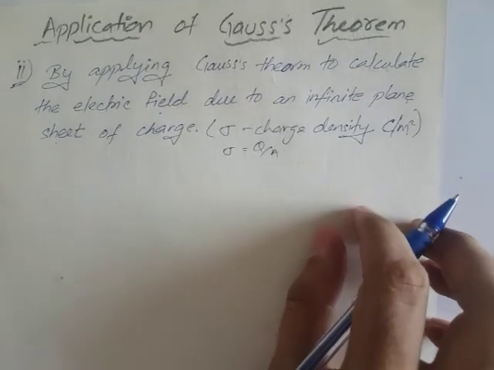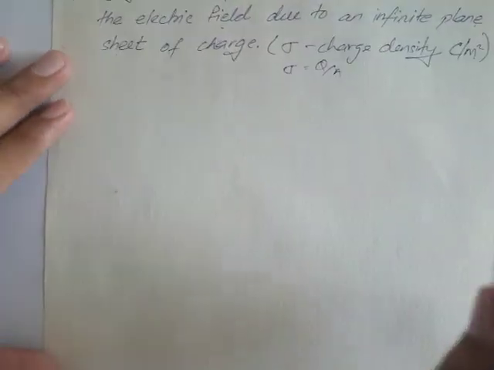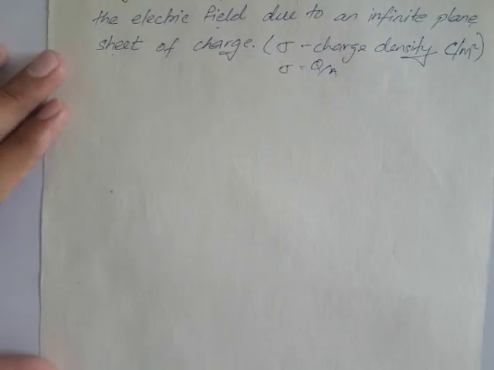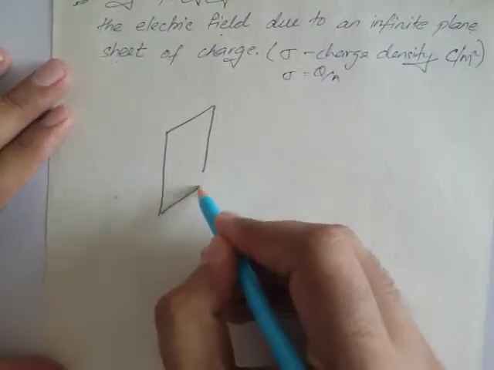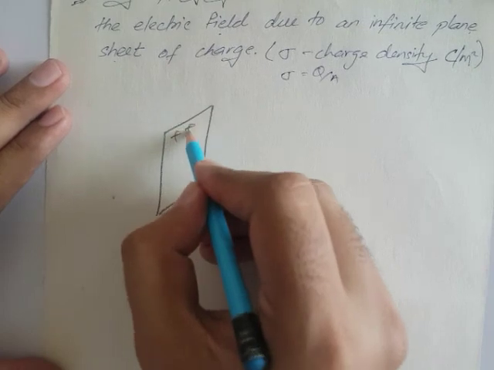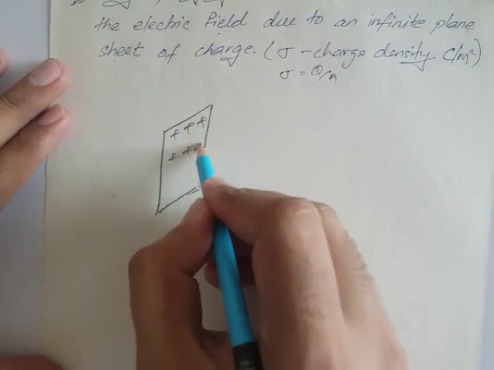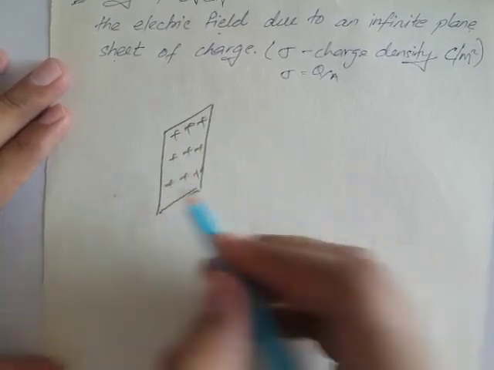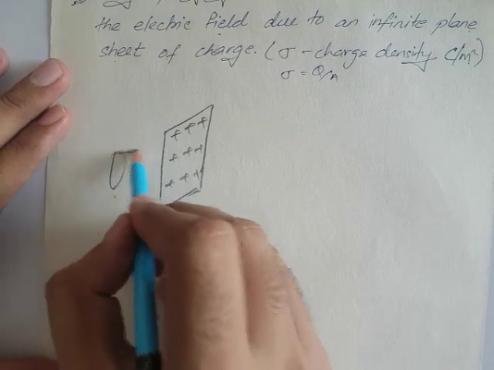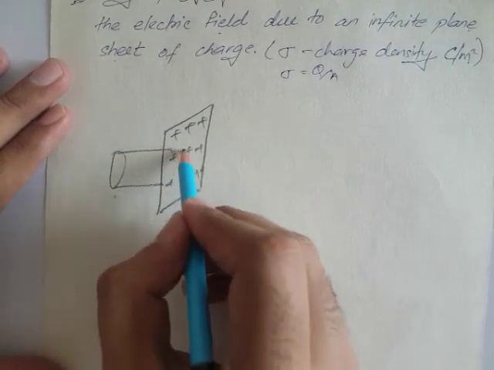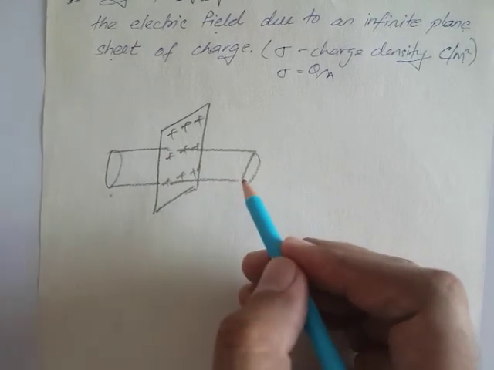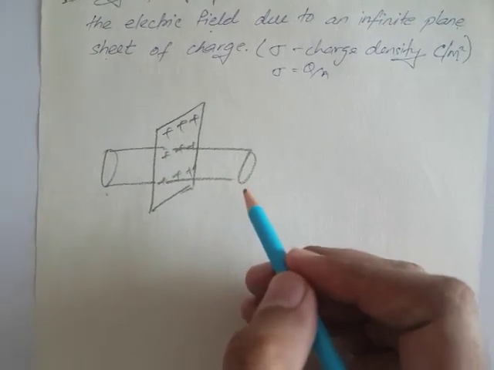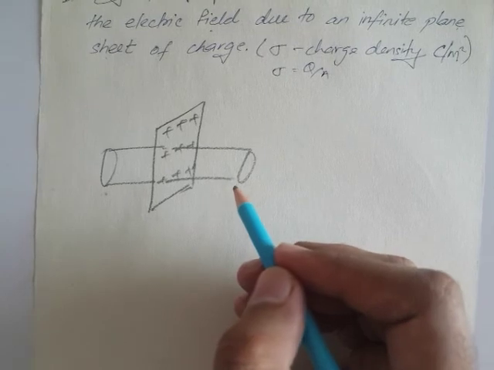Here we need to draw a plane sheet, and positive charge is all over it. Now we consider a cylinder over here, a dotted line, passing through the sheet.